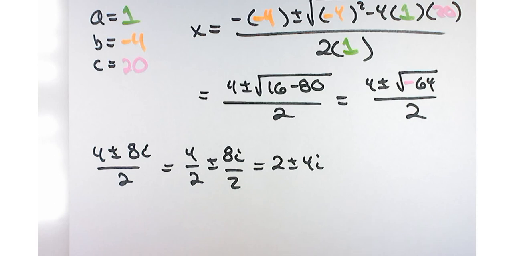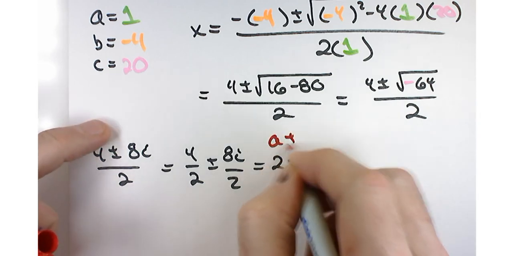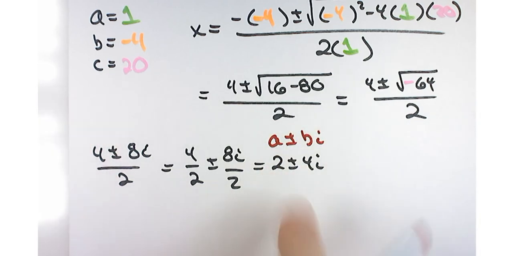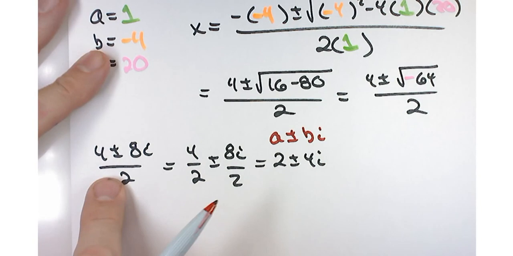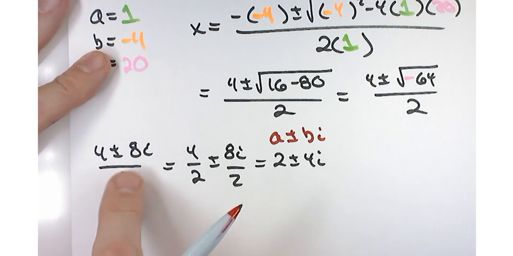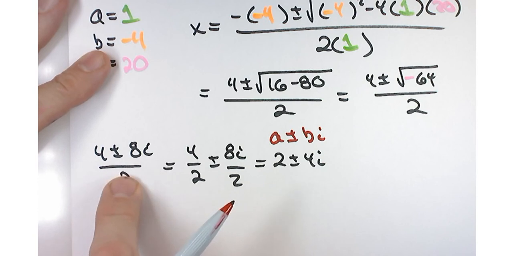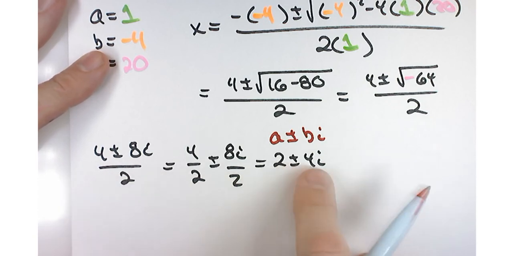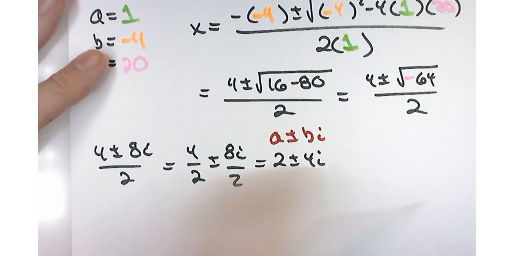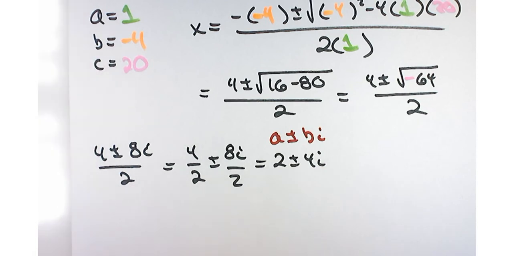So if you see A plus or minus Bi, then it wants separate terms for A and Bi. It doesn't want things like this. I'll accept stuff like this as long as it's in lowest terms, but WebAssign gets a little picky. So if you try to give it that, it's going to balk. It wants it like that. Okay.